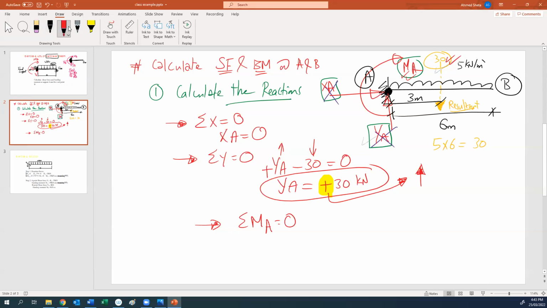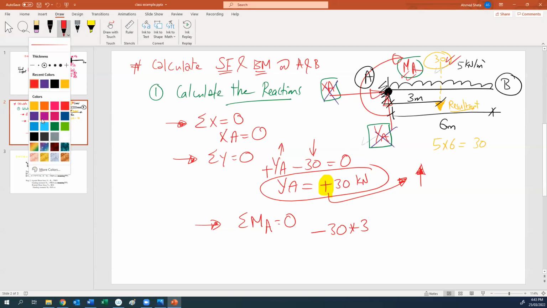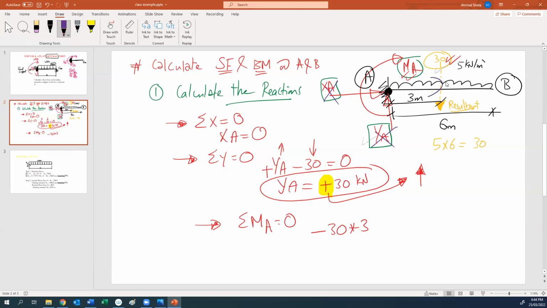So if we apply the moment at A equal to 0, we have 30 kilonewton multiplied by the distance 3, and I will give it a negative sign. Why negative? Because this force is rotating clockwise, so it is negative.